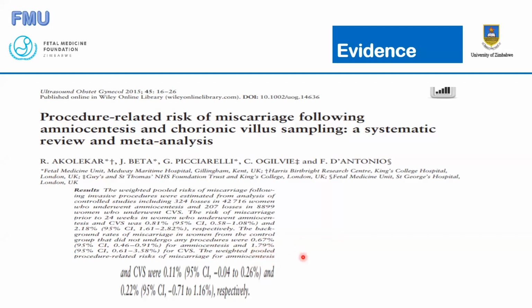So the conclusion is that when we do the weighted pooled procedure-related risk for amniocentesis and CVS, it was 0.11 and 0.22. To say the miscarriage which is occurring directly as a result of the procedure is this low. It is very low. It's not the 1 and 2% which the books describe, but it is very low.